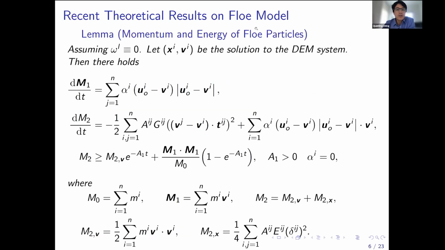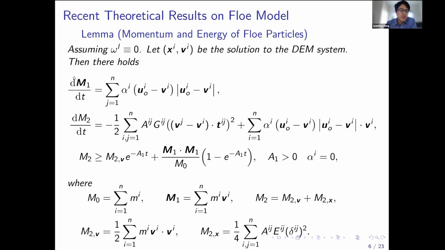And then on the particles' momentum and energy for the whole system. Again, assuming this angular velocity to be zero, we proved that for the particle displacement and velocities, the solution to the DEM system has this momentum-energy overall behavior for the system of particles.